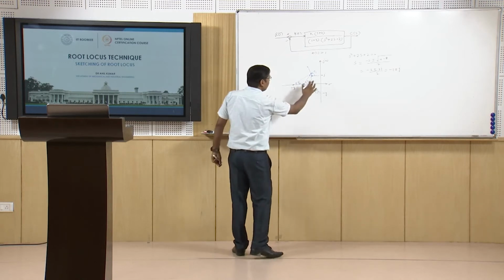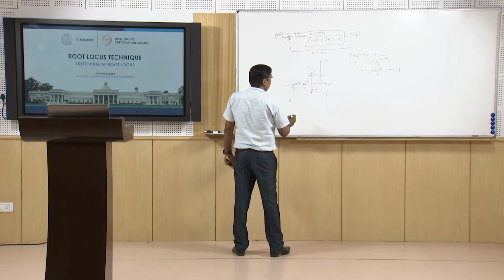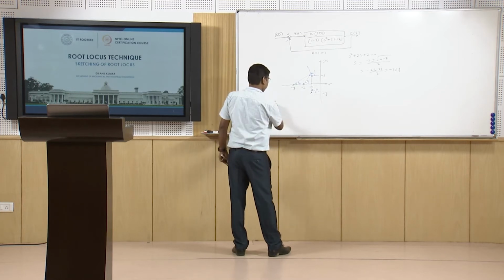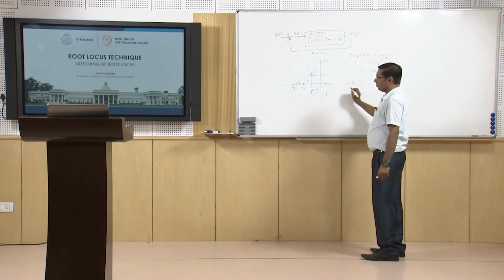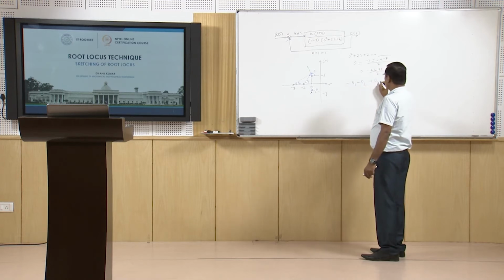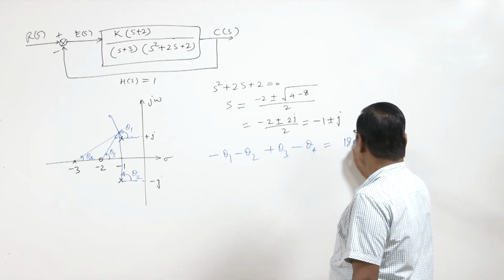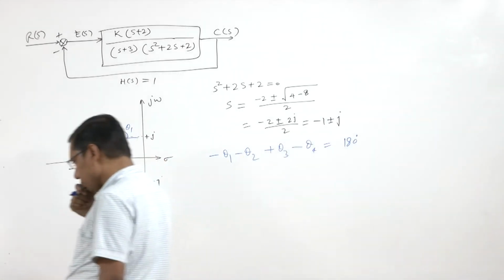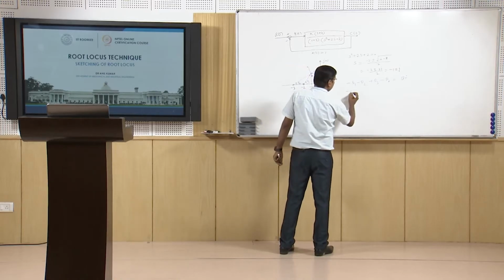So now we can write minus theta 1 minus theta 2 plus theta 3 minus theta 4 equal to, let us say, 180 degree, with k equal to 1.